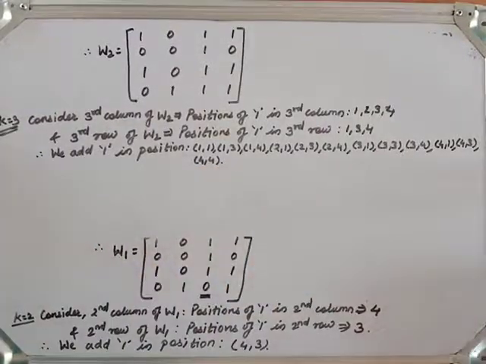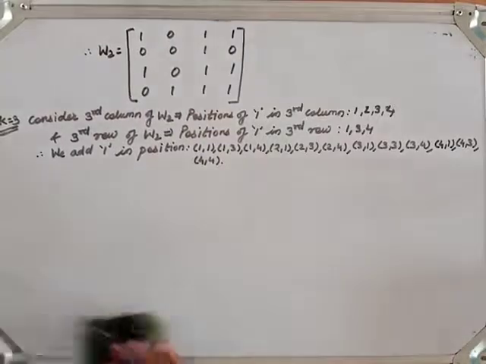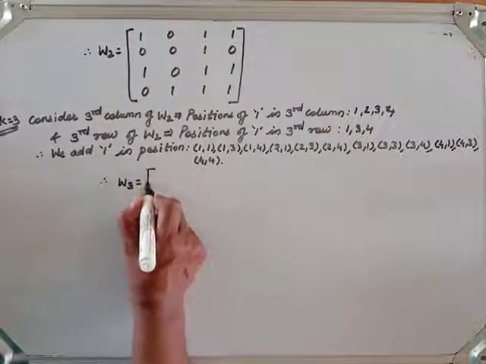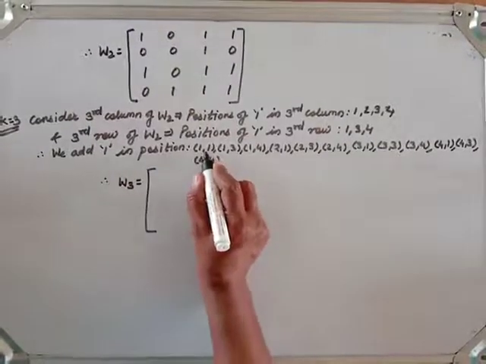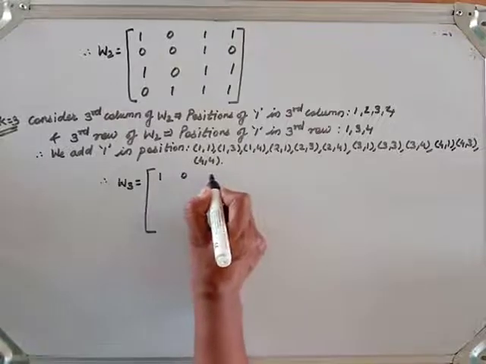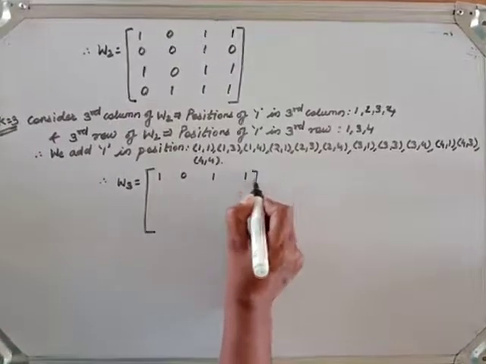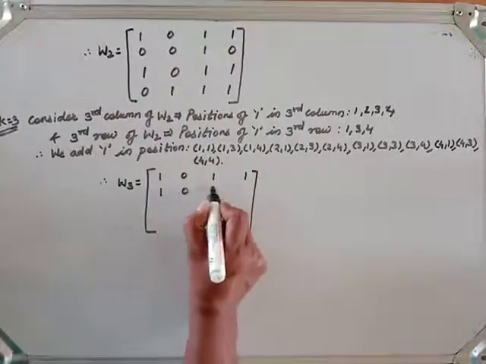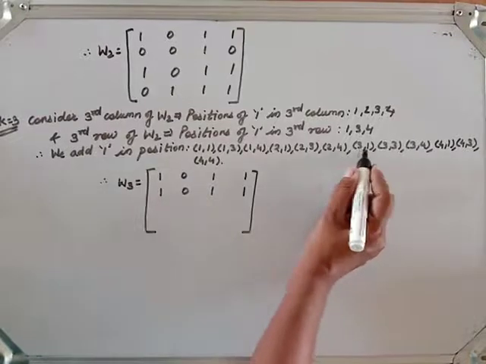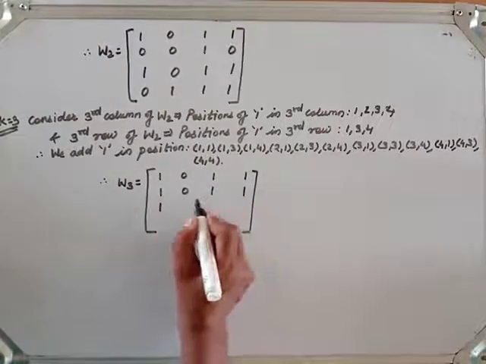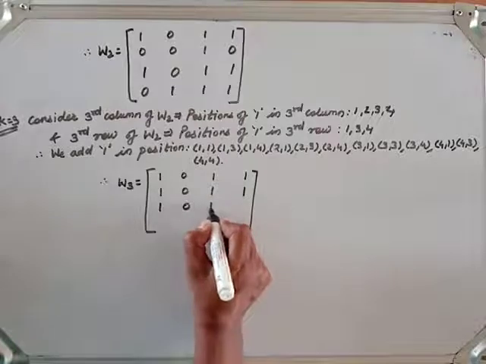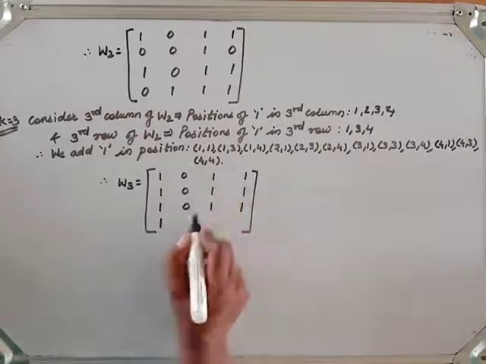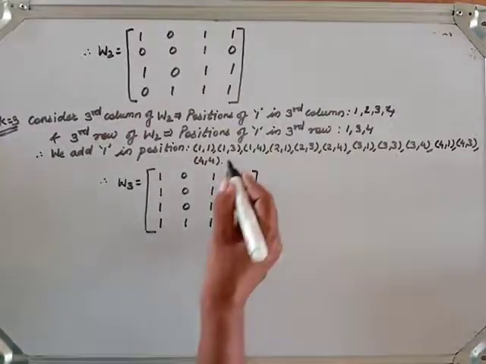Therefore we get W3. In W3, at 1 1 and 1 2 is not there, 1 3 and 1 4 fine. Then 2 1, 2 2 is not there, 2 3 and 2 4. Then 3 1 is already there, 3 2 is not there, 3 3 and 3 4 are there, and 4 1 is the extra 1. Otherwise 4 3 is already there, and 4 4 is also there.